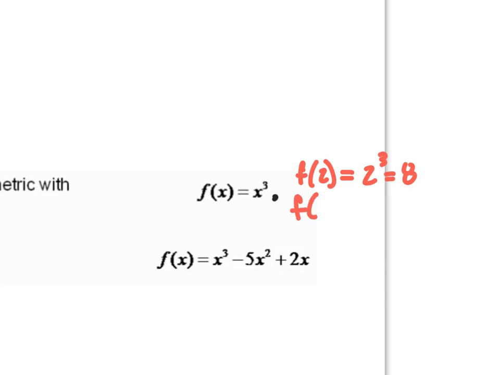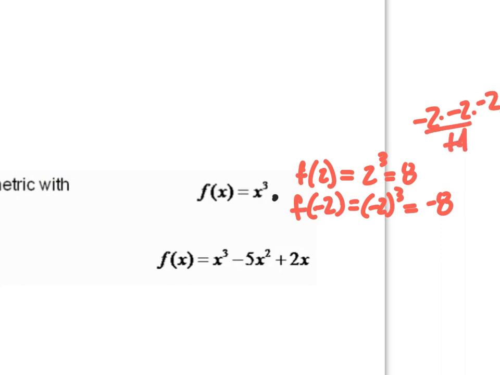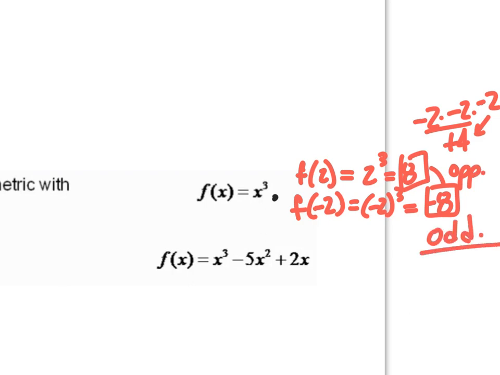If I plug in f(-2), the opposite x value, then I get (-2) cubed, and that's going to give me negative 8, because I'm taking negative 2 times negative 2 times negative 2, all right? Two negatives make a positive 4. Multiply that again by negative 2, and that gives you negative 8. So because these are opposites, then we are odd, okay?